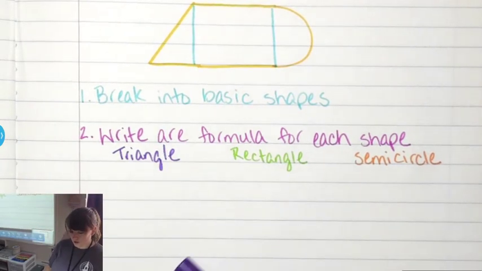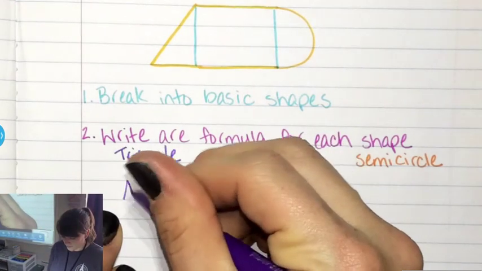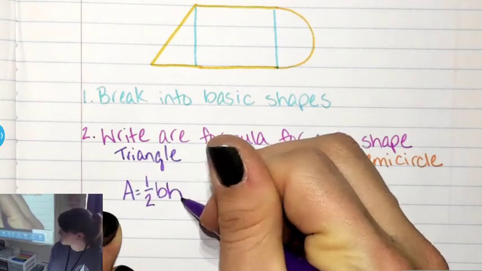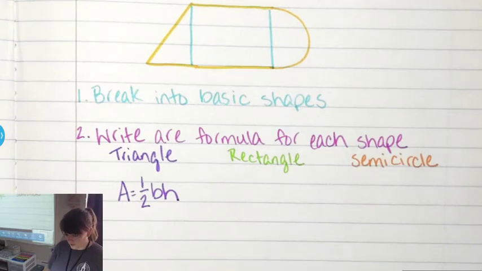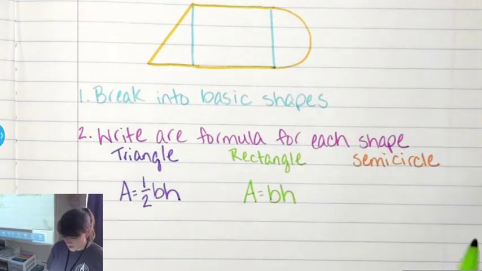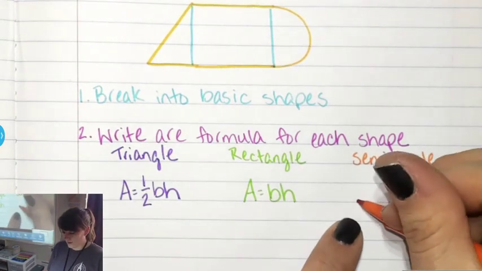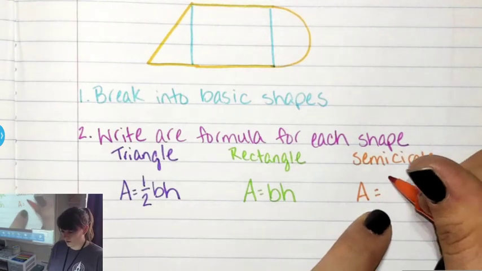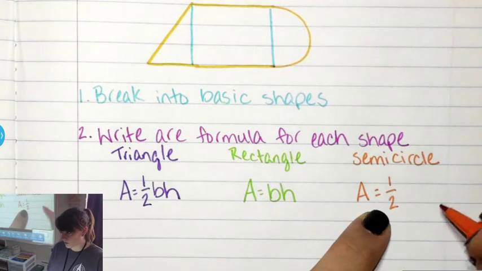Area for a triangle. A equals what? 1/2 BH. Area formula for a rectangle. BH. Just BH. A equals BH. And then what's the formula for circles?